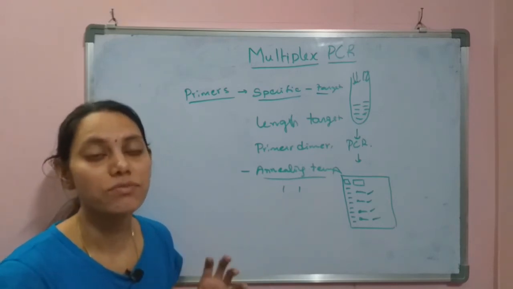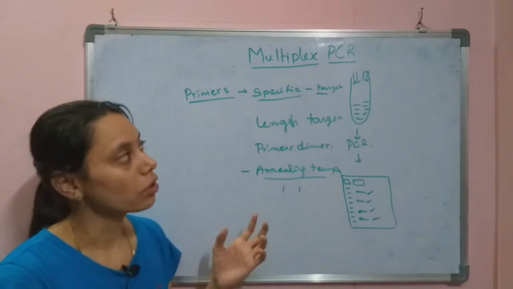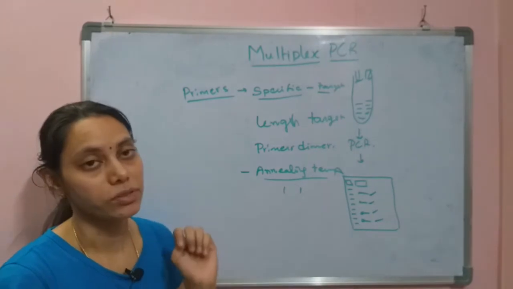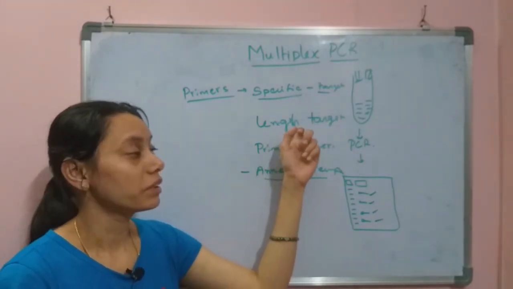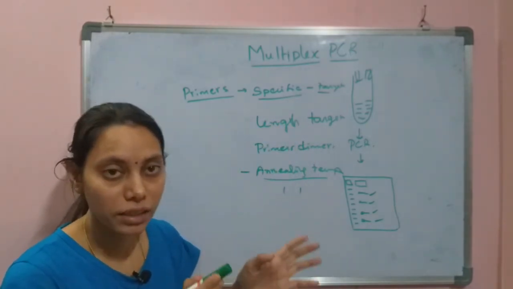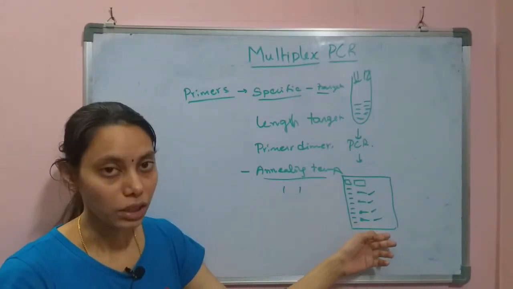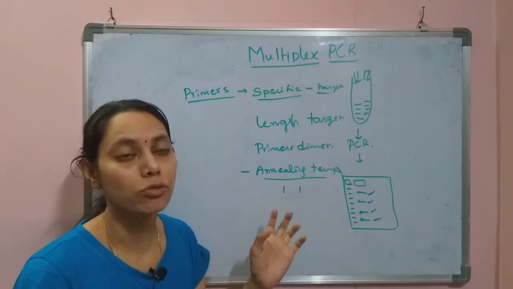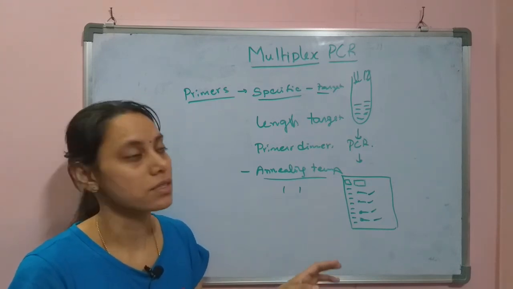So these are the facts which we need to keep in mind when we are going for multiplex PCR while designing these primers. Primers need to be very specific, and they need to be designed according to their target lengths. These target lengths should vary so that they can be resolved during the detection process, but they shouldn't vary so much that the reaction is totally unsuccessful.